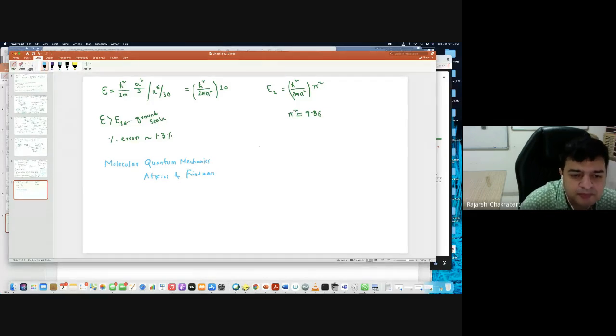You can have a look. It has a good discussion, or any other book. You can even look at Quantum Chemistry by Levine. That should be fine as well.